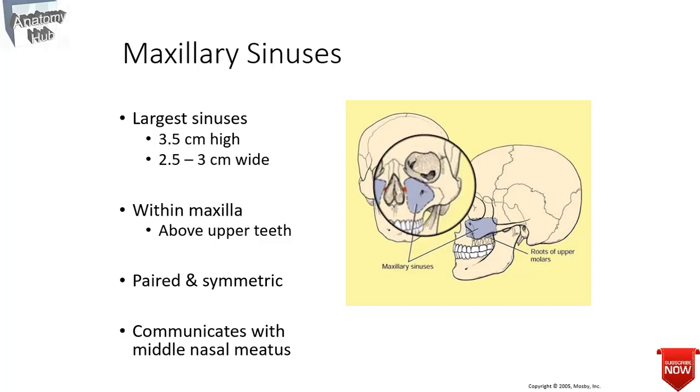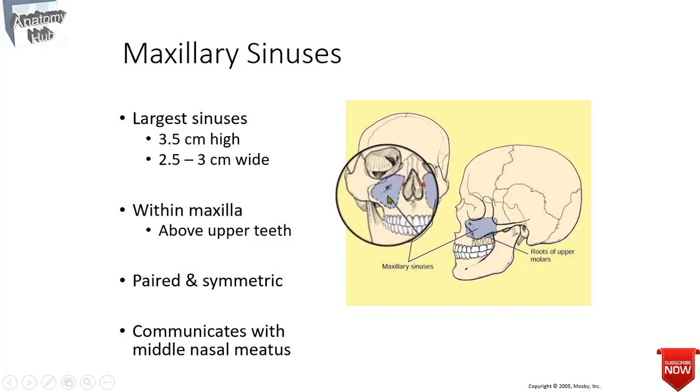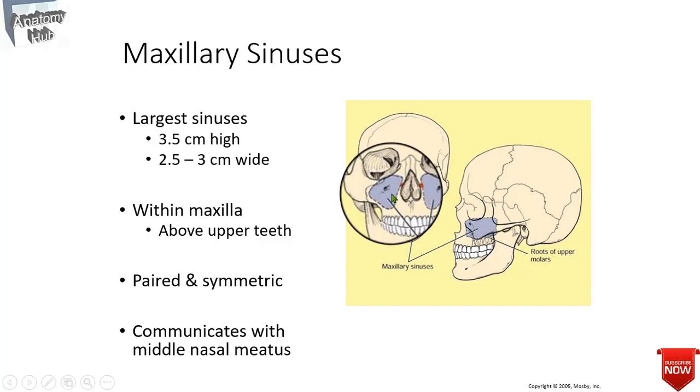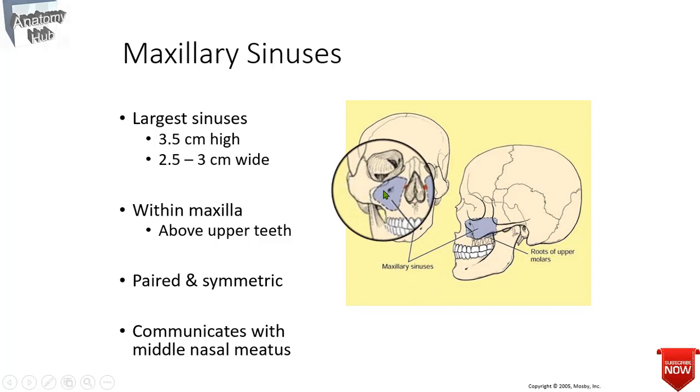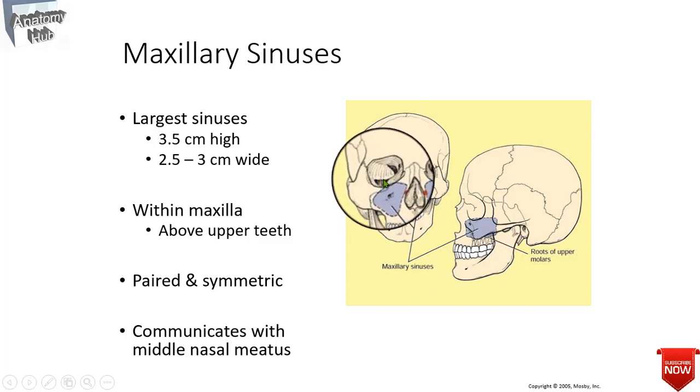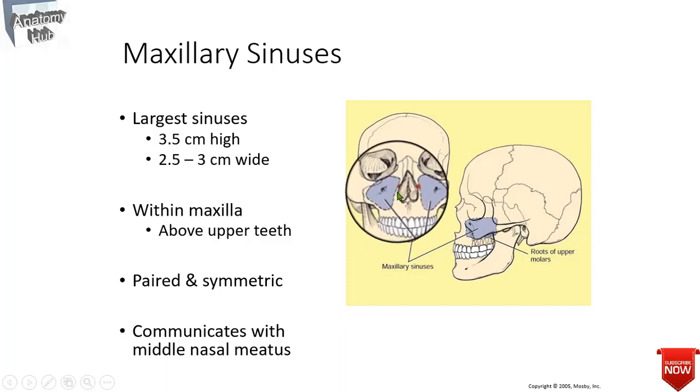So they have the base and the apex and the roof and floor, and the relations of this maxillary sinus: the superior lateral surface that you can see here is related above to the orbit, and the anterolateral surface is actually related to the roof of the upper molar tooth, and in front to the face, and the posterior wall is related behind to the infratemporal fossa.